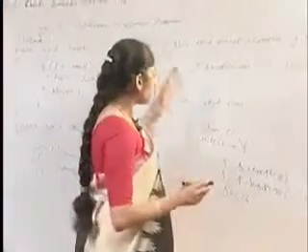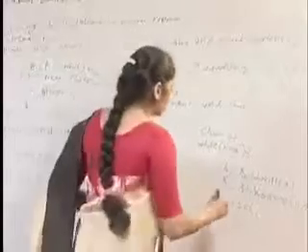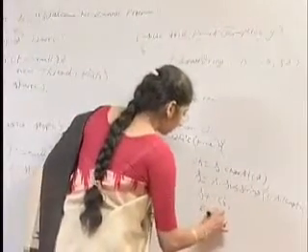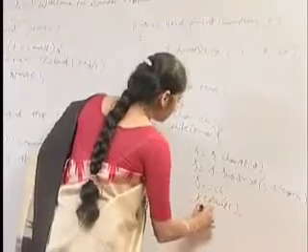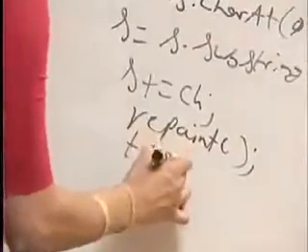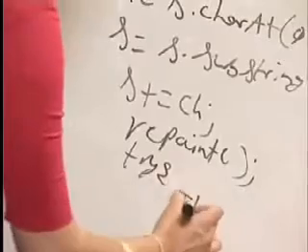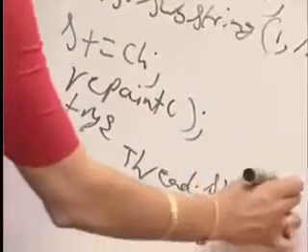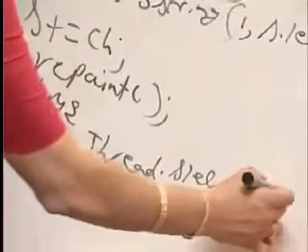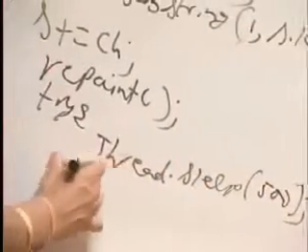You need to redisplay this string, so call a repaint method. Put the thread to a sleep state for a few milliseconds.